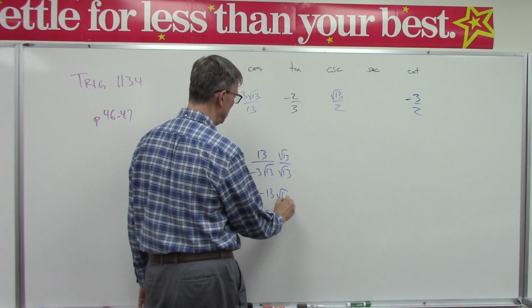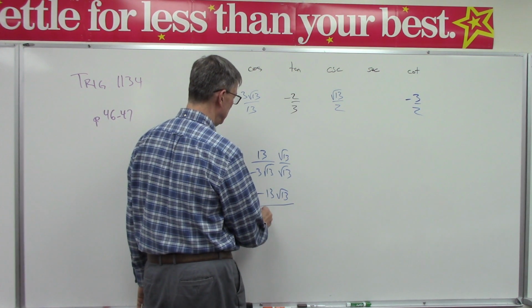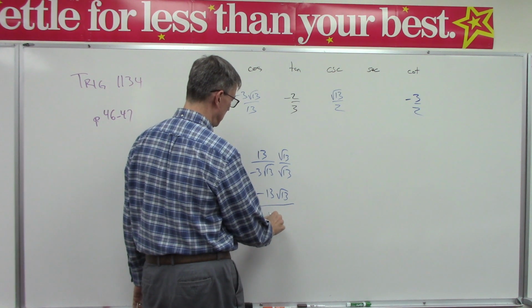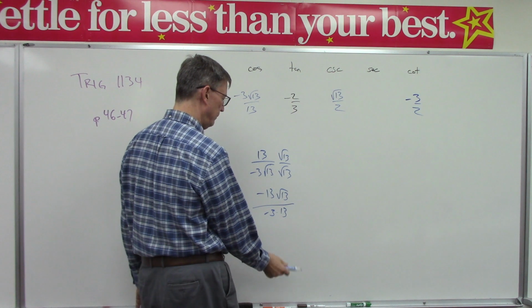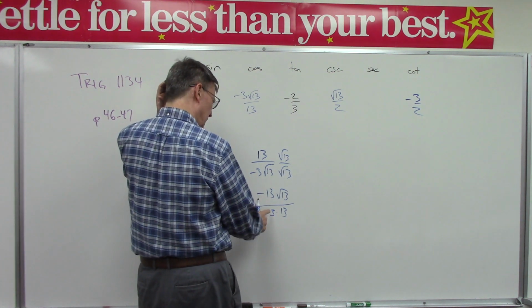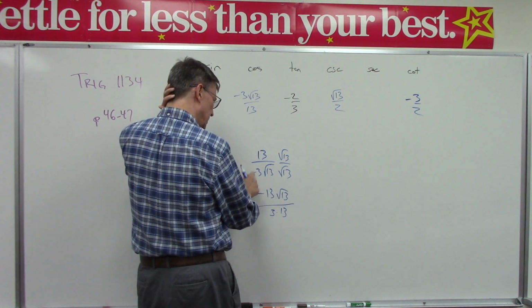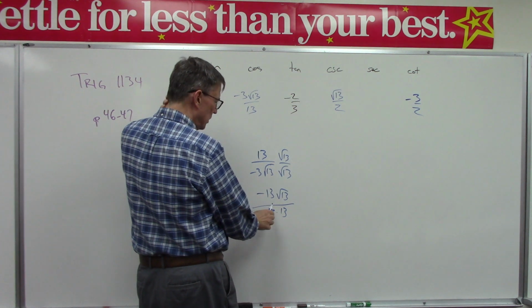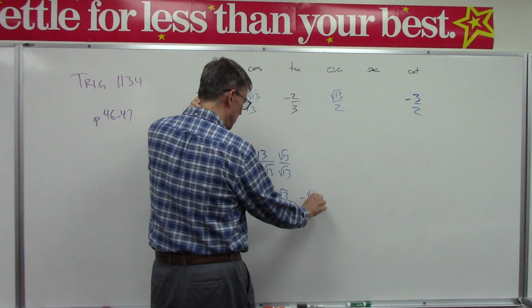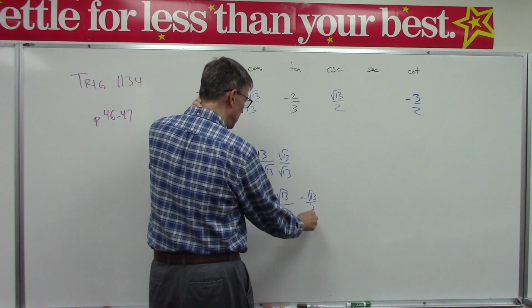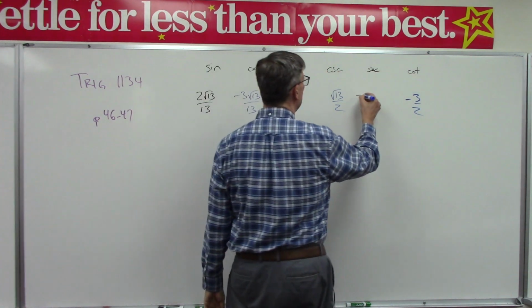Negative 13 square root of 13 over negative 3 times 13. I don't need this negative down here because this negative I brought up here. Okay, so the 13 cancels the 13. So it looks like negative square root of 13 over 3.